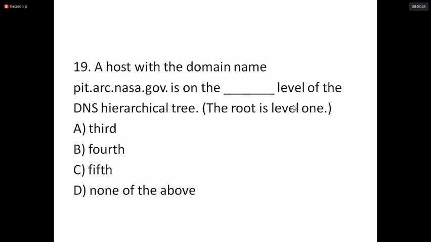So either it should be 4th or 5th. Is it 4th or 5th? 5th, ma'am. Why? Please count 1, 2, 3, 4, including the root. Okay, so it is 5. So the answer is C.